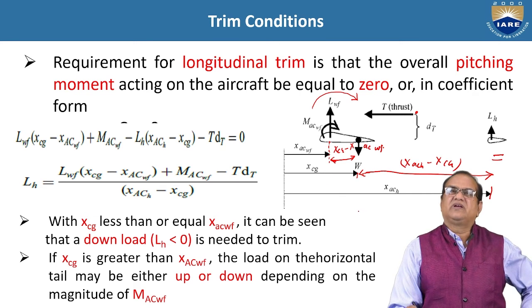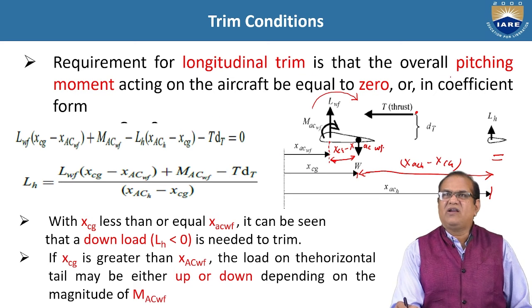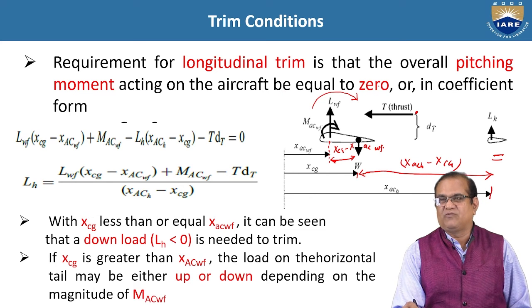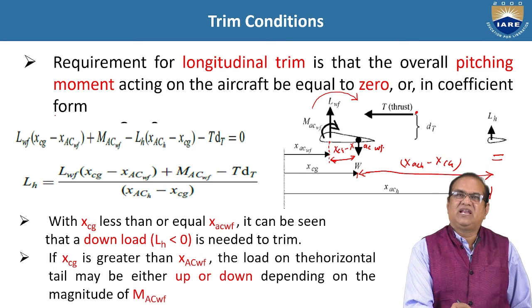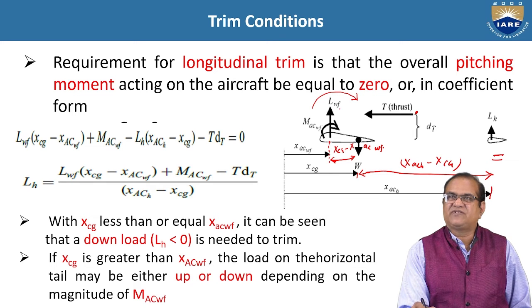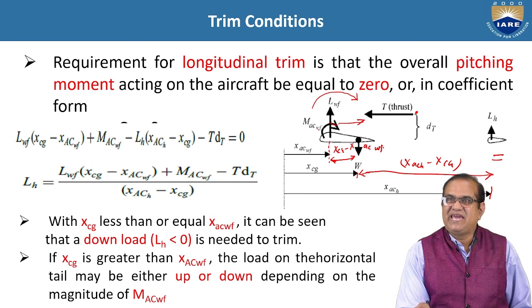Now the requirement for longitudinal trim is that the overall pitching moment acting on the aircraft be equal to 0. If you take it in coefficient form, the lift of the wing fuselage into XCG minus XAC, meaning this lift into this distance, plus MACW.